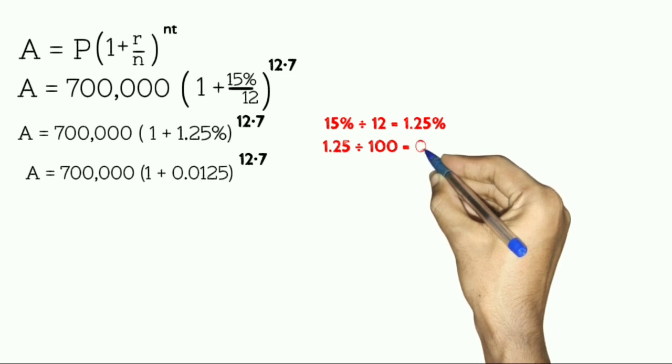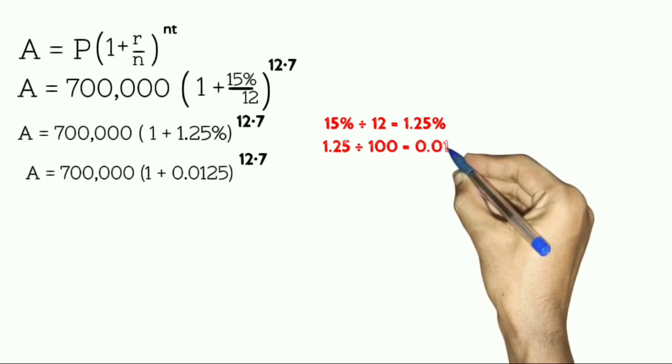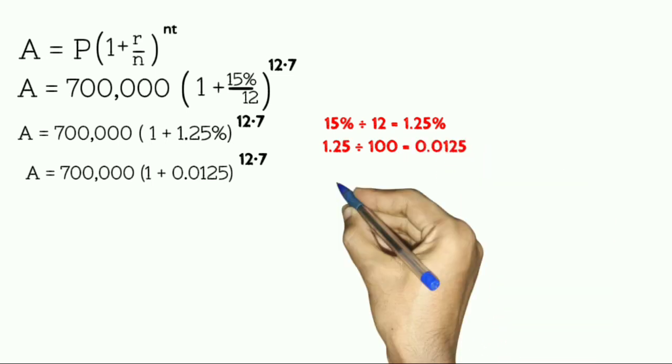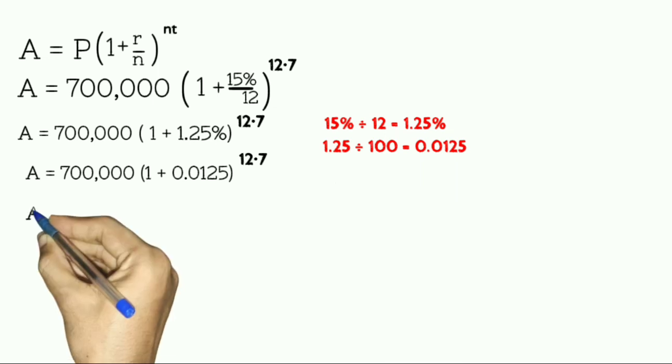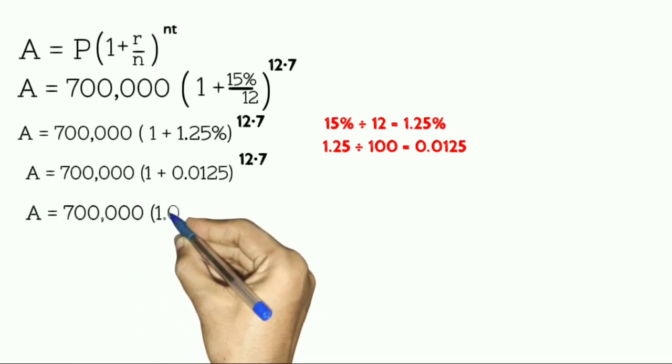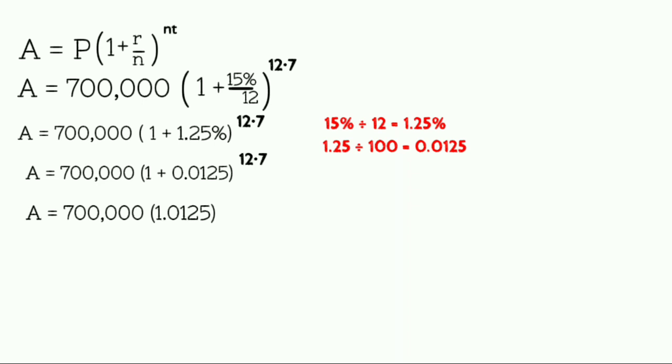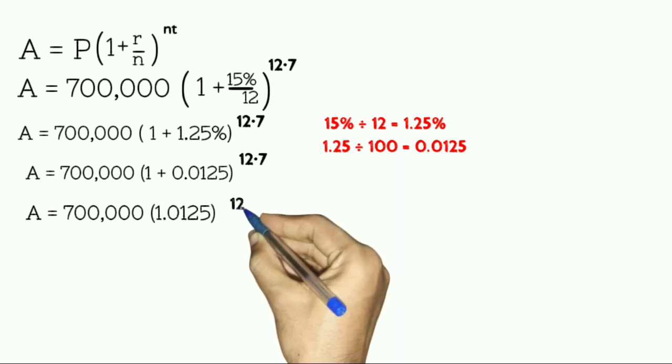Now, i-add natin yung 0.0125 sa 1. So, it's equal to 1.0125. After the parentheses, we will compute for the exponent.